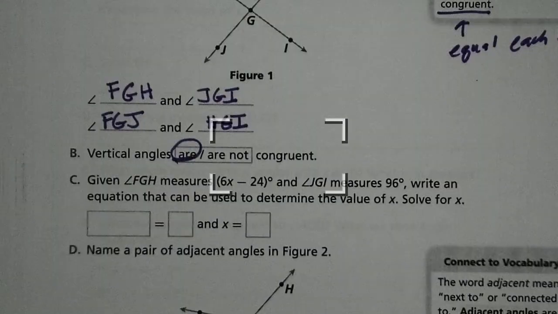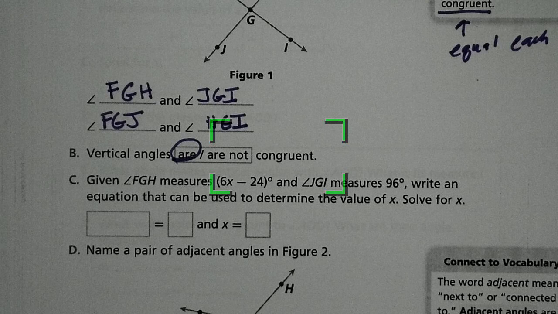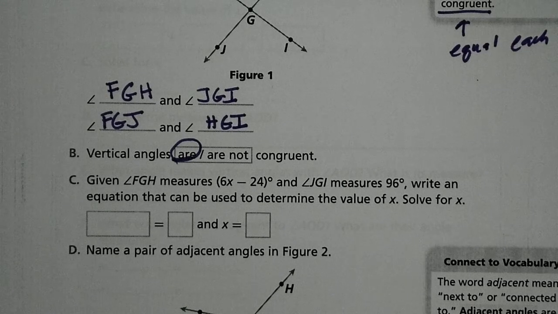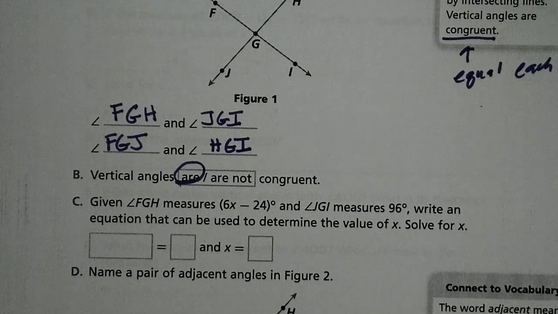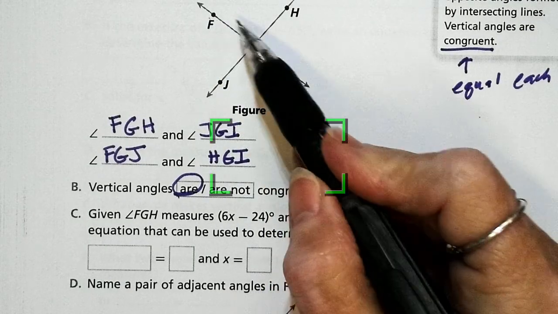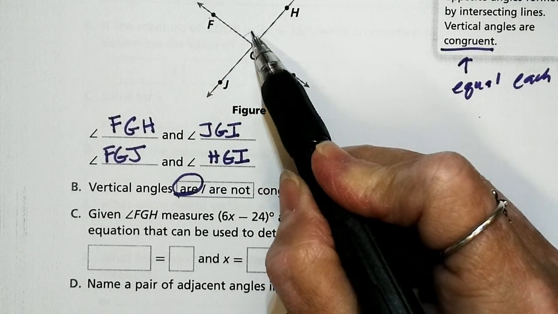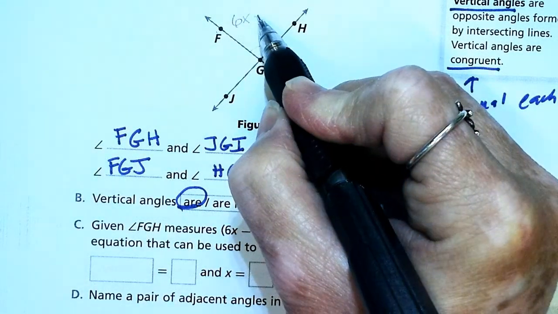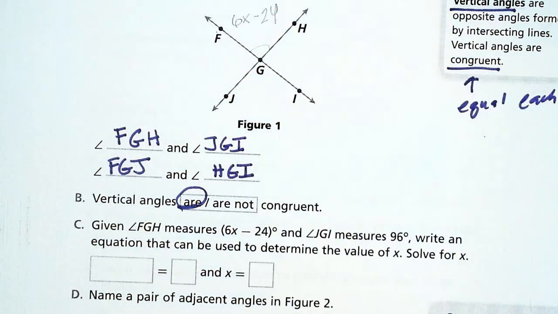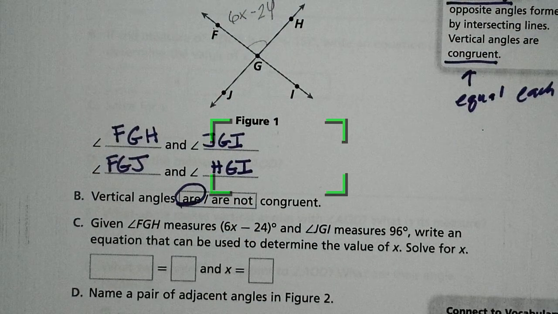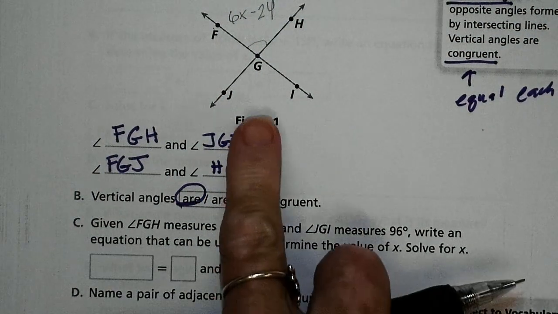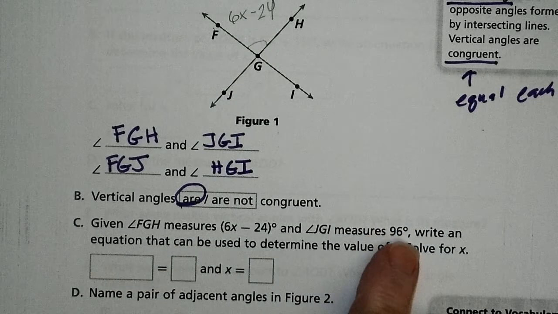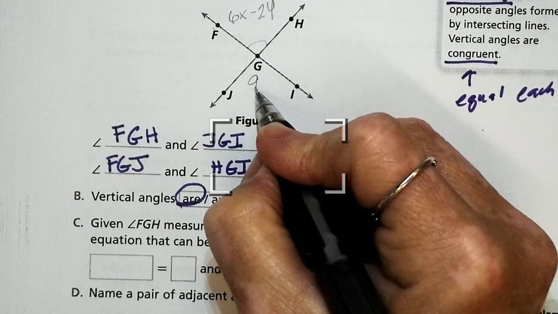So now we're going to find some missing angles. It says FGH, that's this angle right here, is 6x minus 24. They're also telling me that the vertical angle is 96.